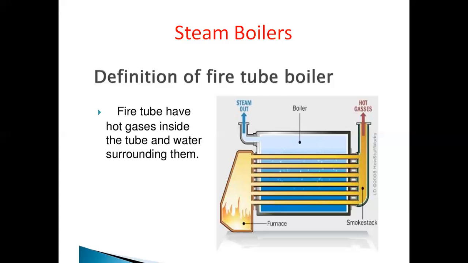The operating pressure changes for different boilers. For example, for the Cochran boiler, the operating pressure is about 6.5 bar. For the Babcock and Wilcox boiler, it is 20 bar. For the Lamont boiler, it is 125 bar. For the Benson boiler, it is 210 bar.